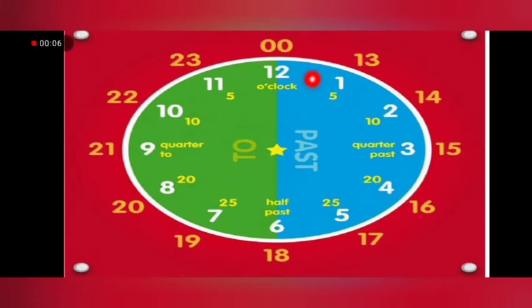In this clock, you can see 1 AM, 2 AM, 3 AM, 4 AM, 5 AM, 6 AM till 12. Then after 12, in the 12 hours clock we have 1 again, but in the 24 hours clock we have 13.